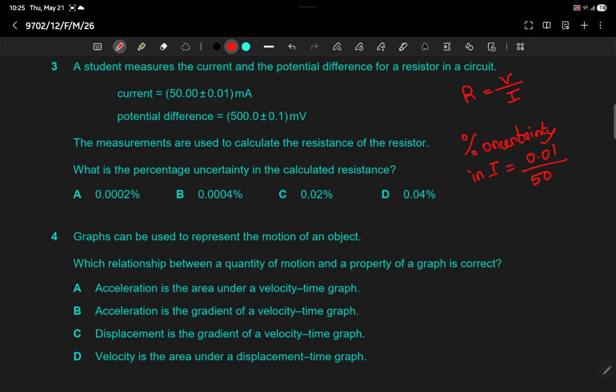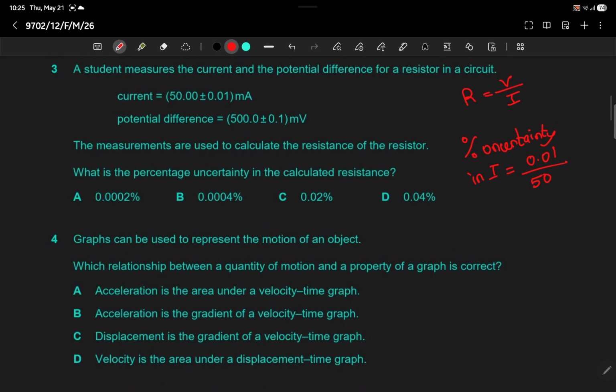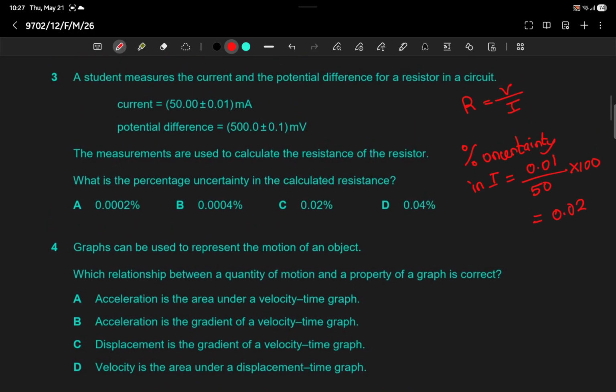Both of them are in milliamps, so we don't have to convert it. But wait a second. V by I. Right, so this into 100, which we get as 0.02.